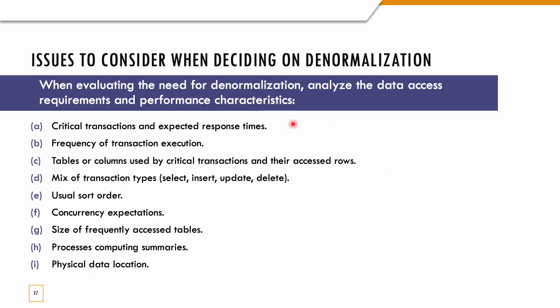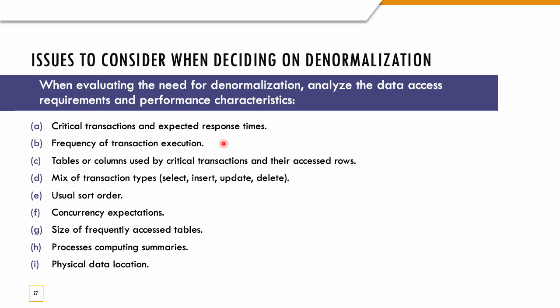First one is critical transactions expected response time. Identify which transactions are most critical and determine the response time required. This helps evaluate if the denormalization could speed up high priority queries or not.